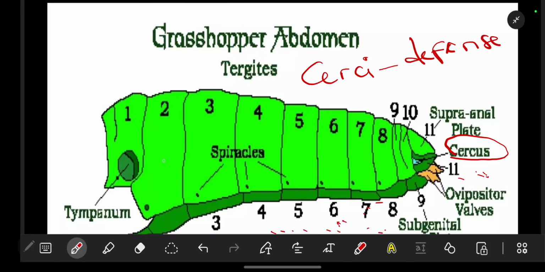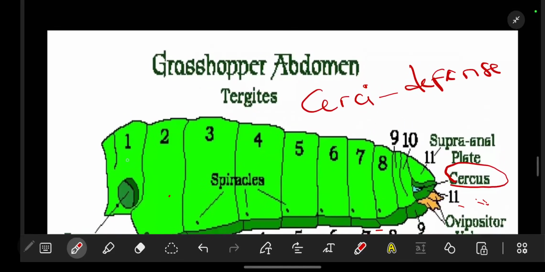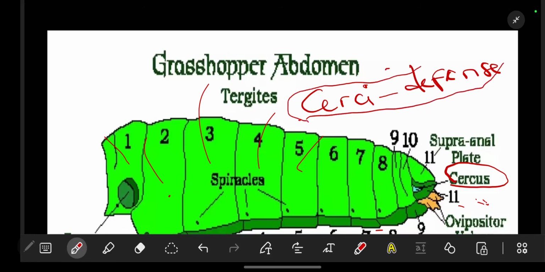So this is the abdomen: 11 segments, not 11 appendages. The 10th and the 11th segments are modified to form cerci. So the cerci are useful in defense, detection of predators, among other things.